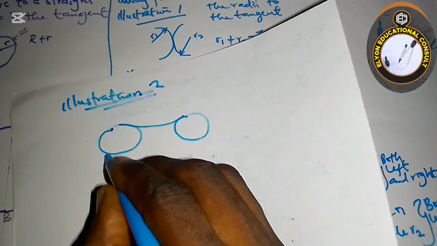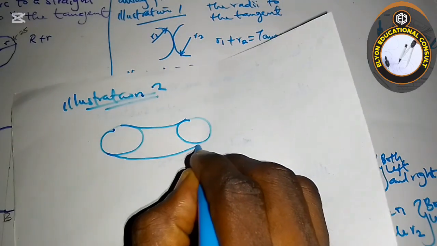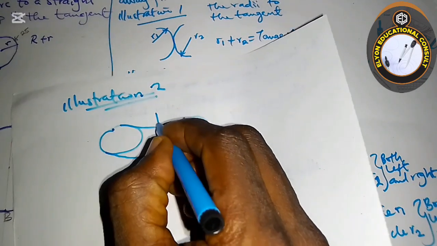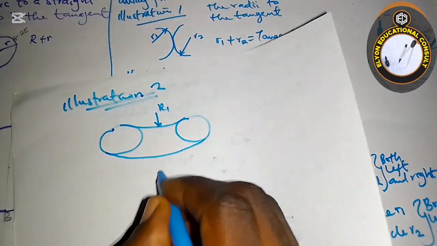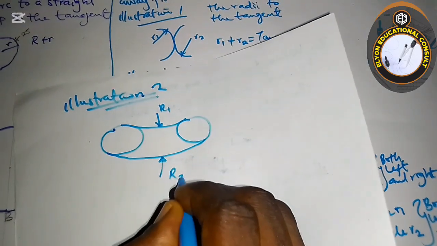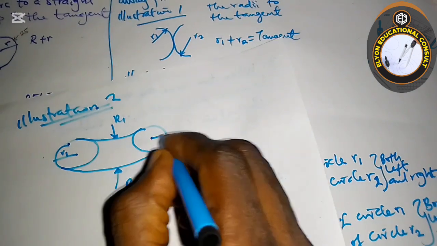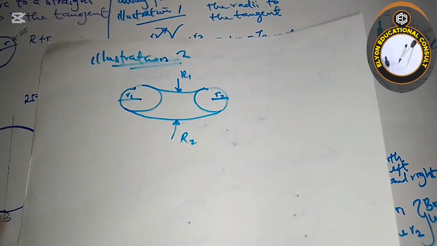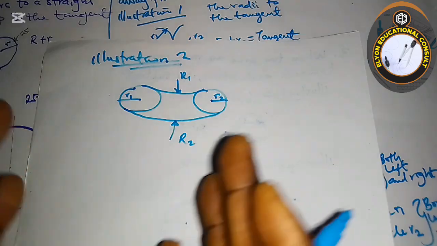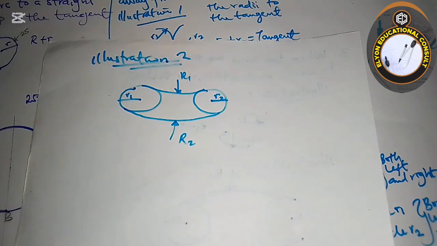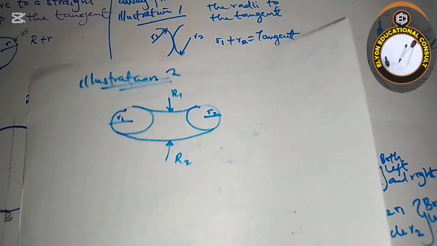Then we have one going this way, to form something like this. I hope you can see this. Now if you say this is R1, this is R2, then with this center R1, radius R2, this is a situation where we have both principles 2 and 3.